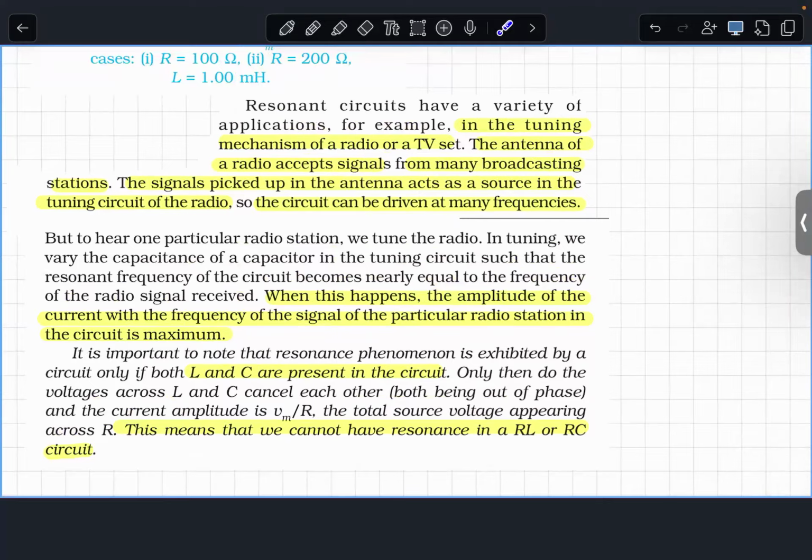We have done some problems on that also. So when the amplitude at this frequency is high, it is very clearly received by your instrument, and that is what you are listening to through that particular device.